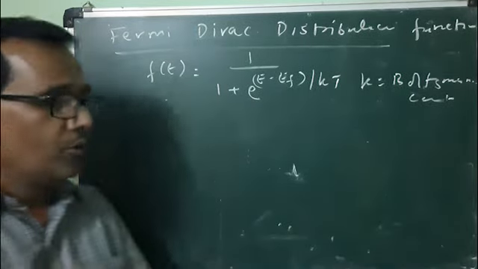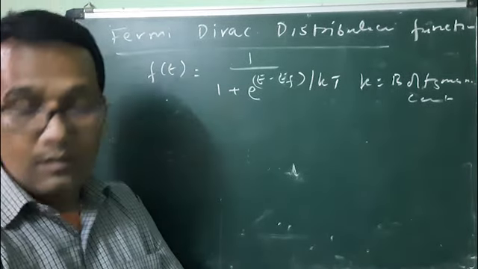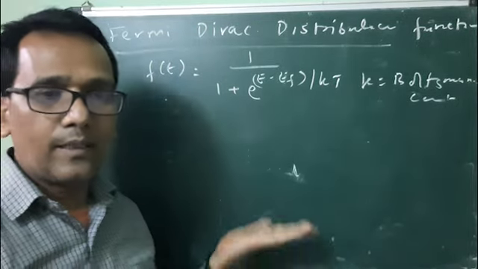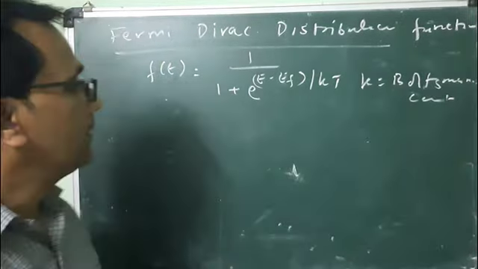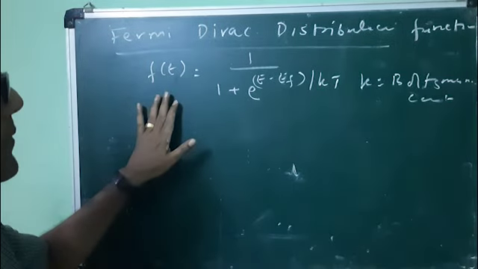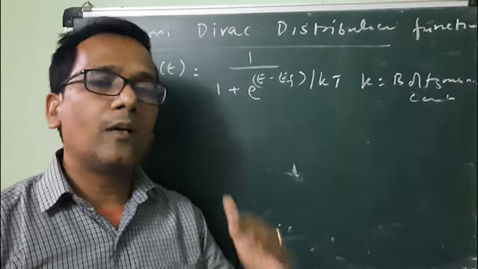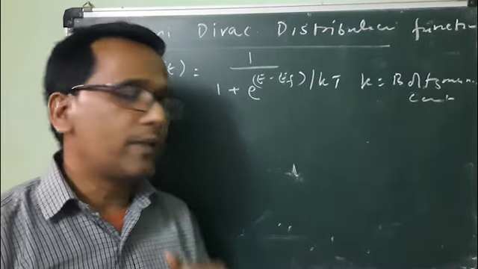This is related to the distribution of electrons in any band, the conduction band or valence band, and this function gives the probability of existence of an electron at a particular energy level at a particular temperature.